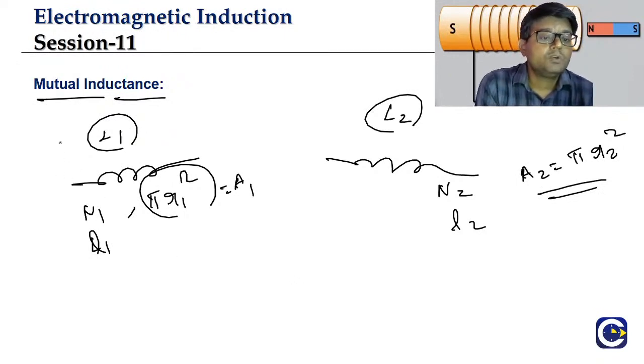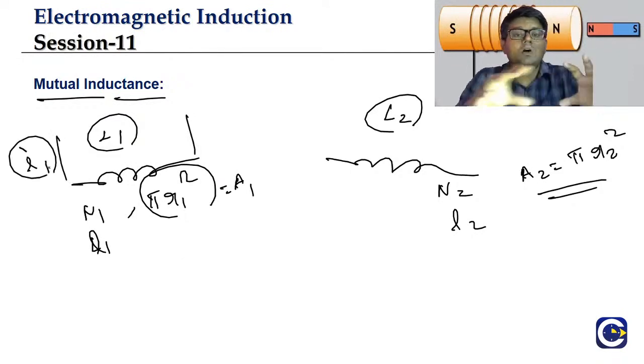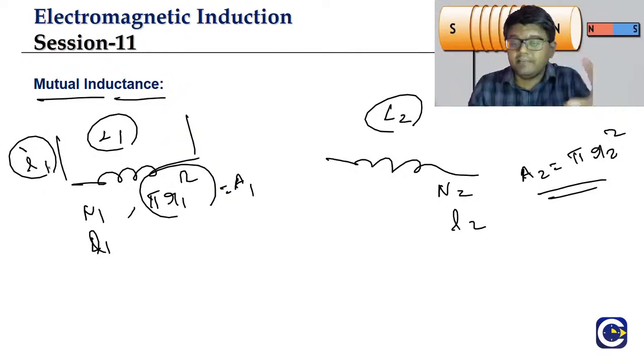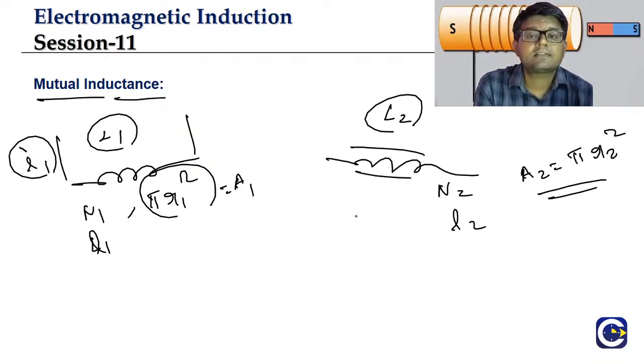If you pass some current I1 into coil 1, this coil 1 is going to create a magnetic field everywhere. So there will be a flux through coil 2. This is coil 2, this is coil 1.